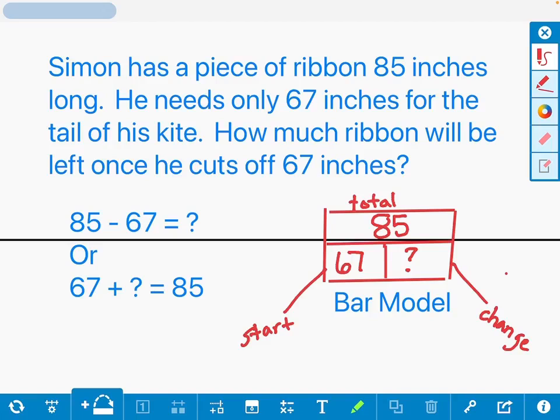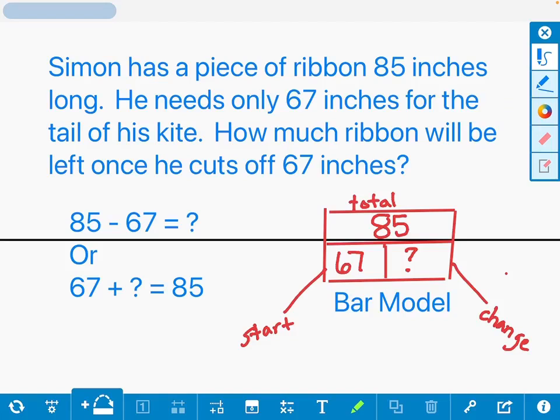First I'm just going to read it to you. It says, Simon has a piece of ribbon 85 inches long. He needs only 67 inches for the tail of his kite. How much ribbon will be left once he cuts off 67 inches? I have given you the equations.